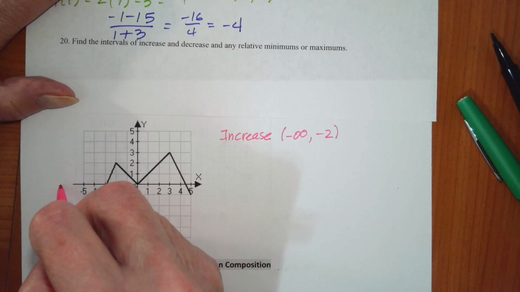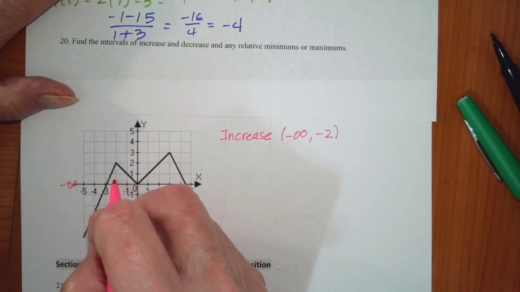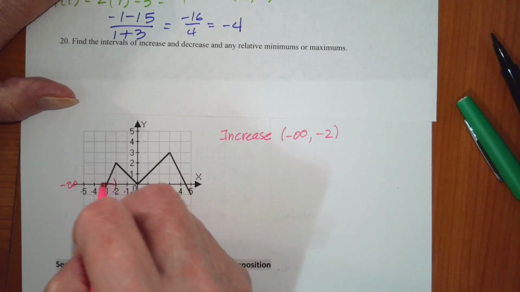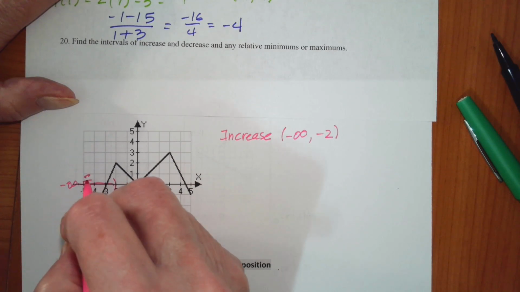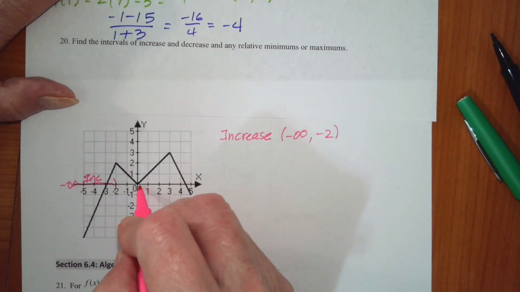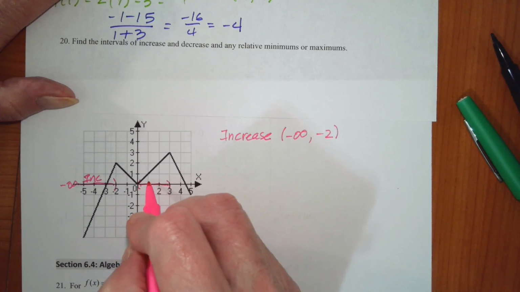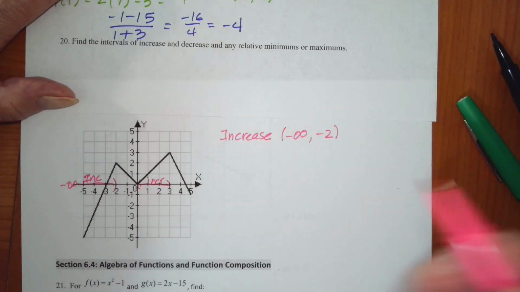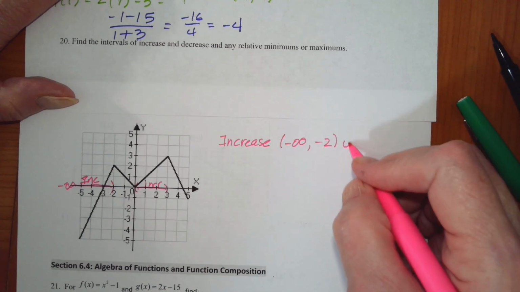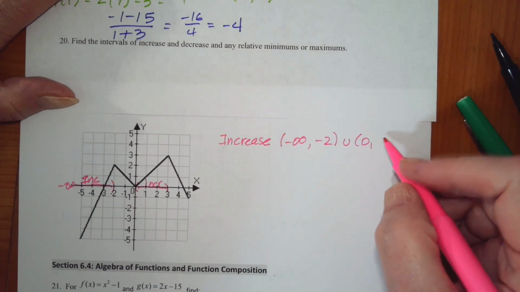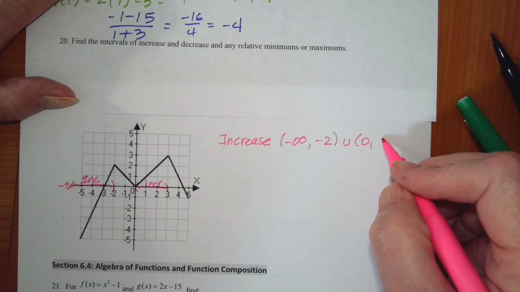So between -infinity and -2, it is increasing, and between 0 and 3, it is increasing. And remember, the corners or the endpoints, I don't worry about those.